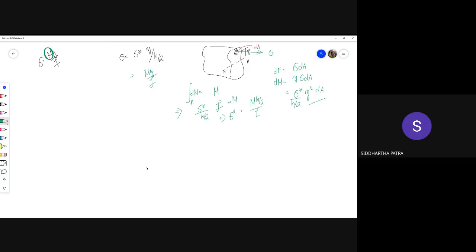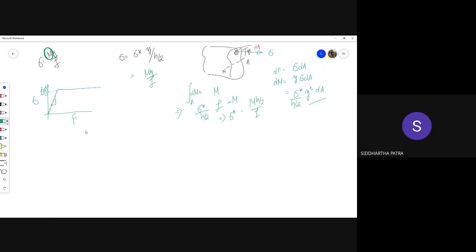Now imagine as I increase, if sigma increases, after a certain point it would reach the sigma y value, or sigma yp value, the yield point value. Now what happens after that? The stress cannot increase further.